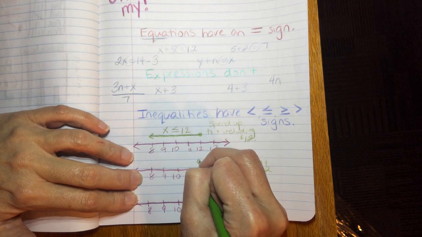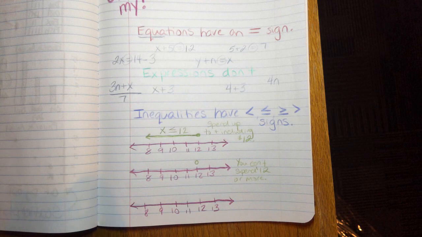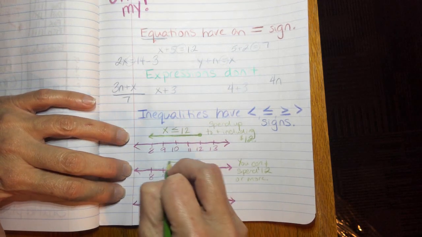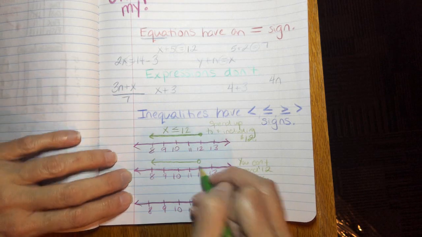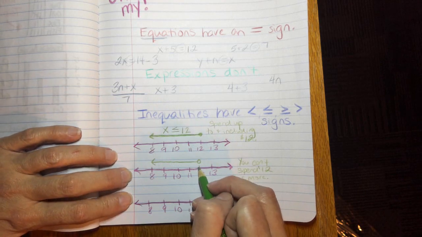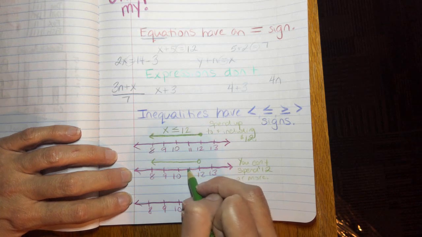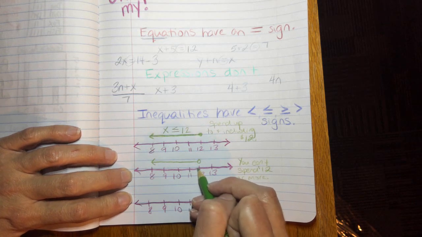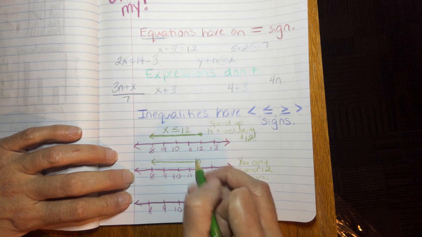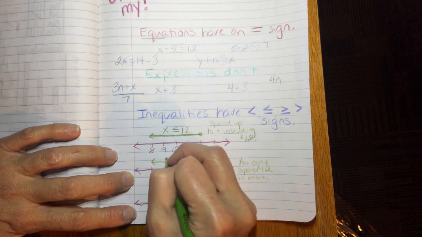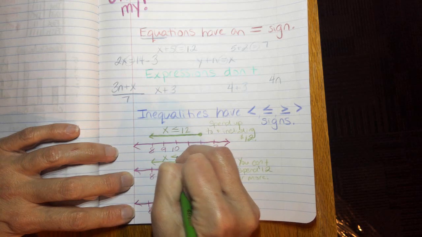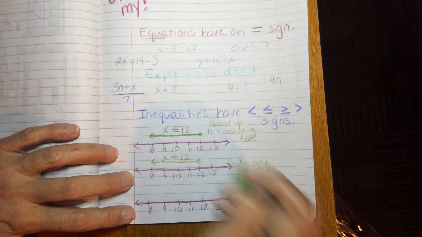So I've got this open circle here, and I'm going this way, okay? The open circle is to show that it doesn't include 12, but it does include the numbers with decimals that are leading up to 12 that you can't even really put a point on, okay? So this would be X is less than 12, okay?